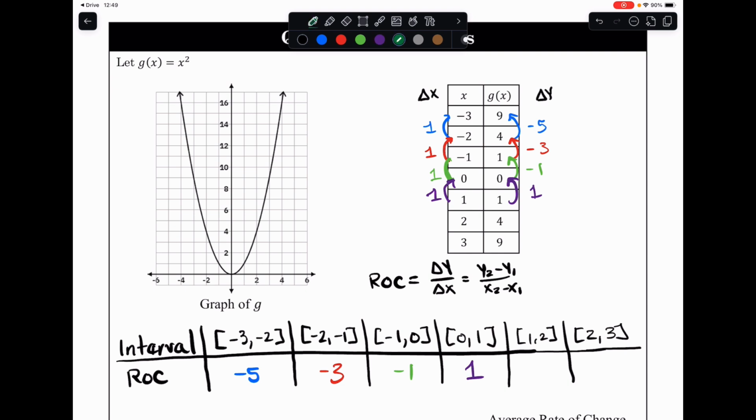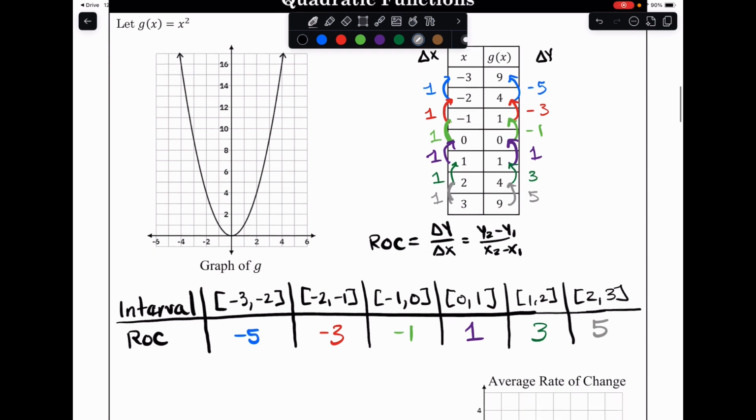Here the change in the y's is 3, and the change in x is 1, so this is equal to 3. For the last interval, the change in y is 5 and the change in x is 1, so 5 divided by 1 is 5.